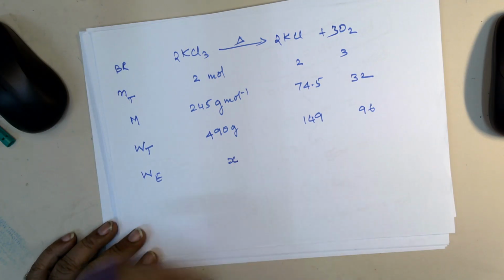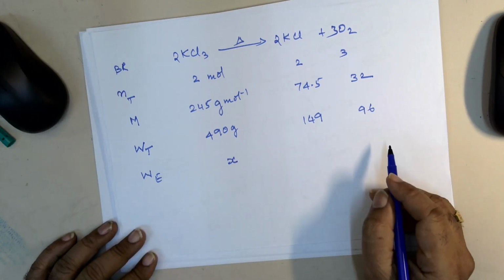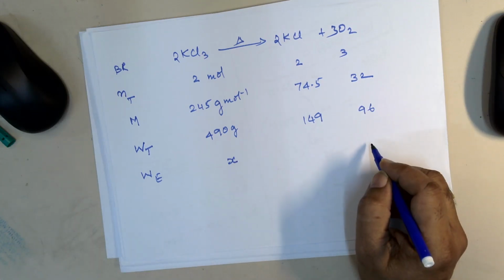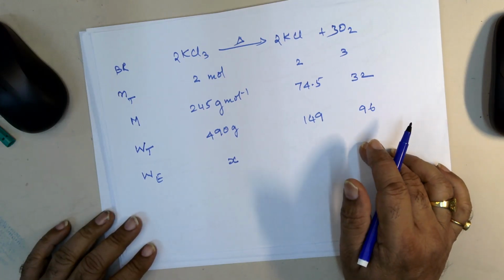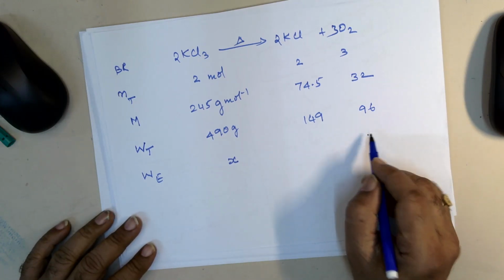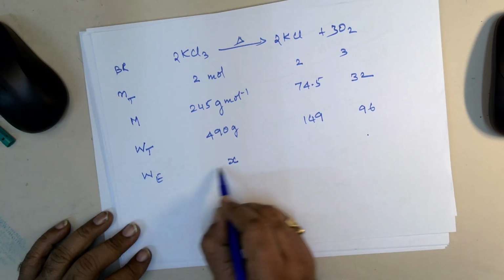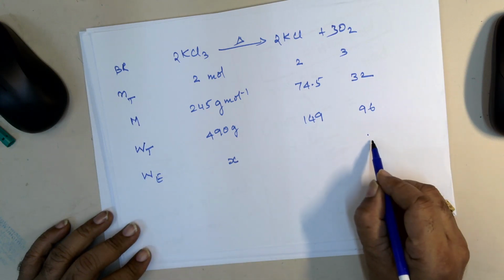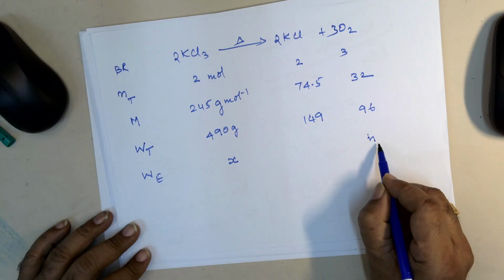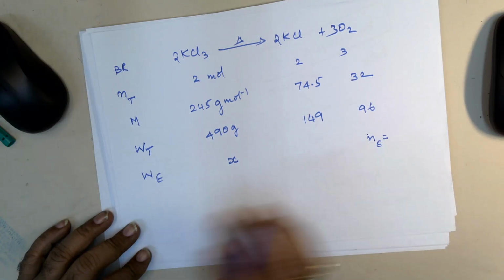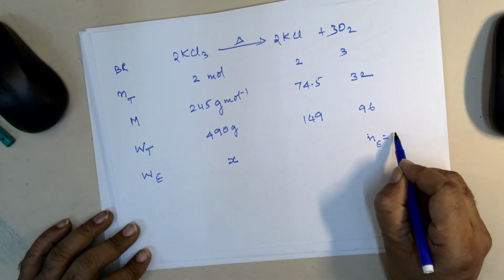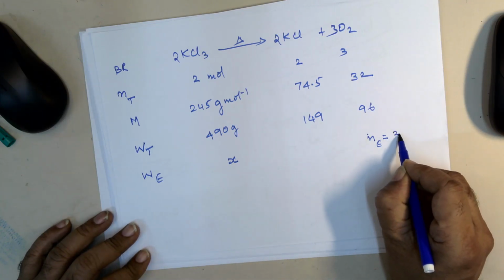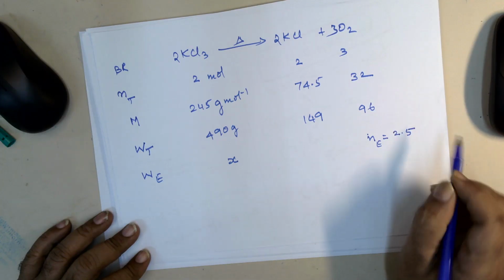So the experimental weight is asked. And what is the experimental weight given for oxygen? Instead of weight, they are given in terms of mole. Do you understand? So here it is given as weight, whereas here it is given as mole. So n experimental is equal to how much? 2.5.